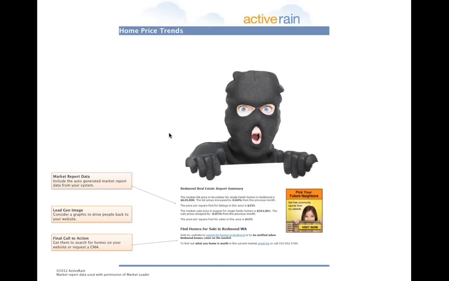And so I always encourage you at the end of a post of this nature, give them a chance to go out there. If we're talking about a market report for Redmond, Washington, point them to listings in Redmond, Washington. Give them some kind of an opportunity, and in this case it's a phone number and an email. You might have a form where they can add their address to get a CMA or something of that nature. Make sure you have that final call to action in there.